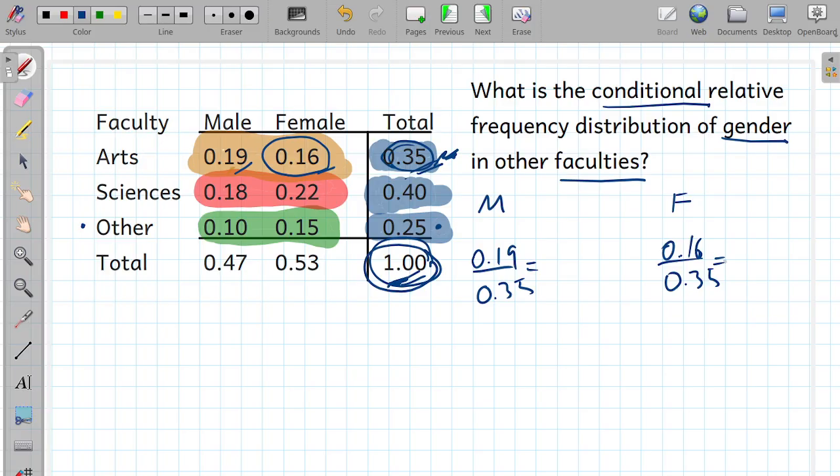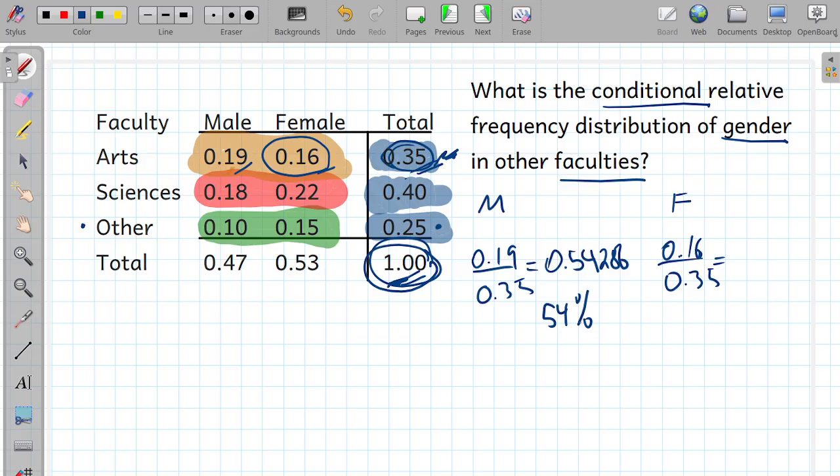So here we have 0.19 divided by 0.35. That's 54.286. So 54% are male. That means about 46% should be female.